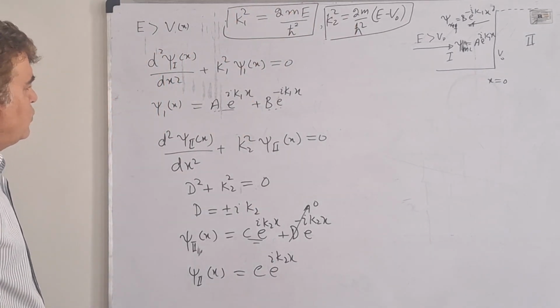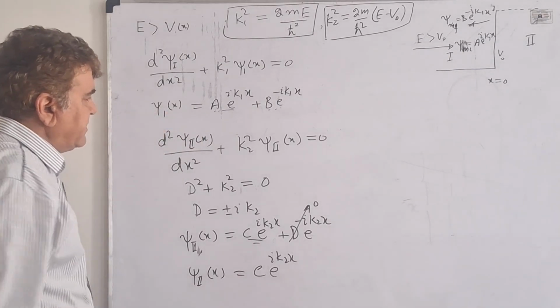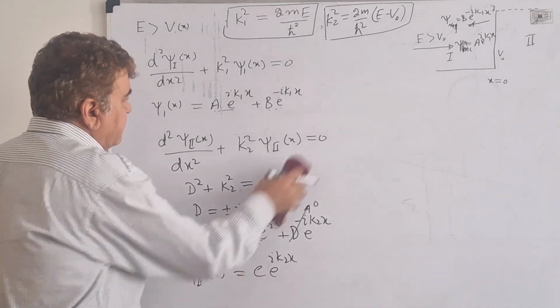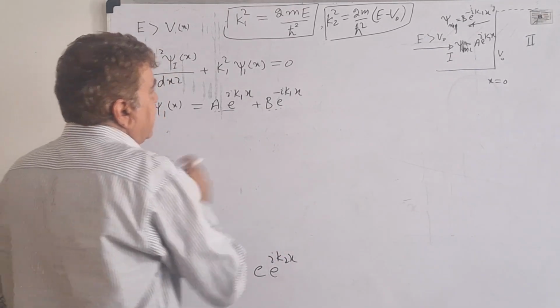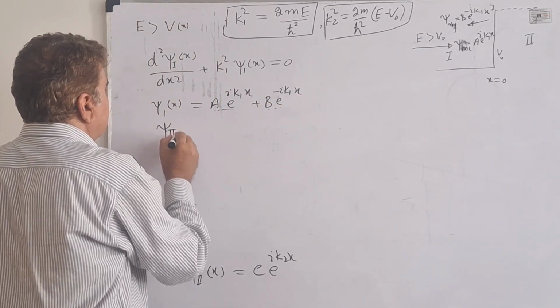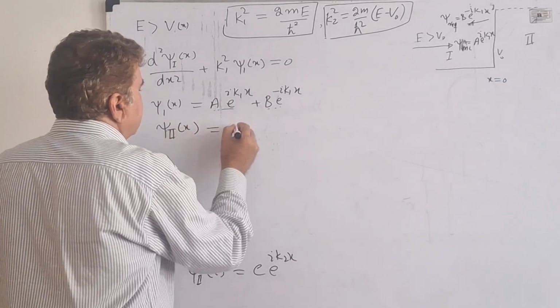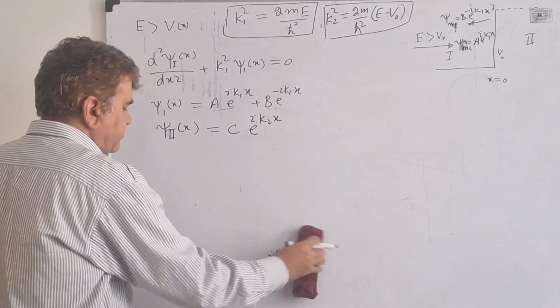And that we can do by using the continuity conditions on the wave function and its derivative. So I first write this equation for reference. At this position, psi 2 of x equals C times exponent i k2 x.